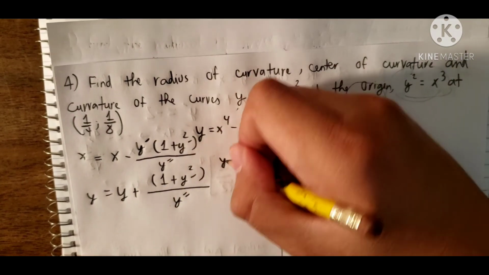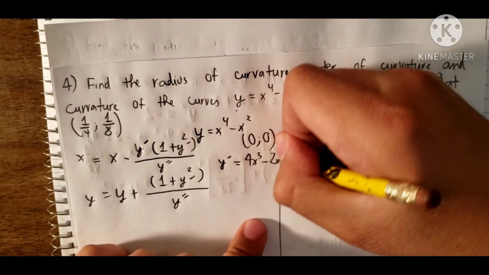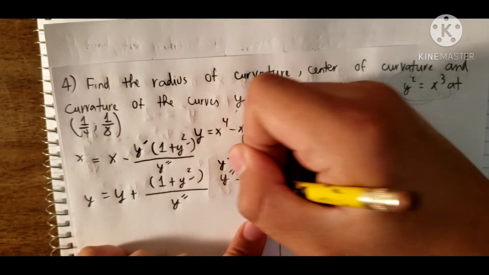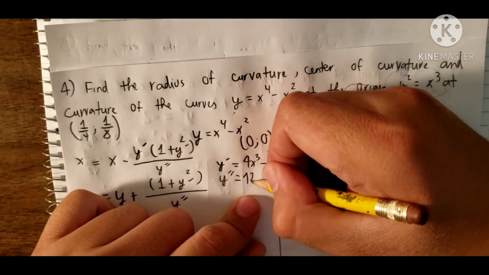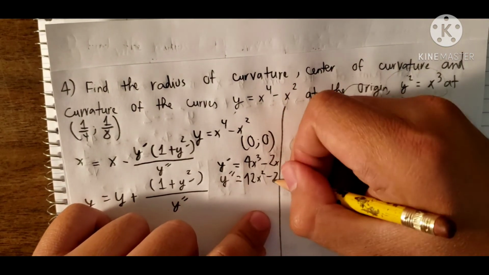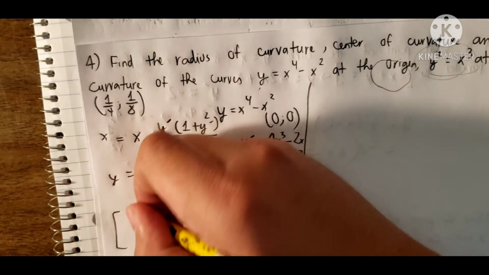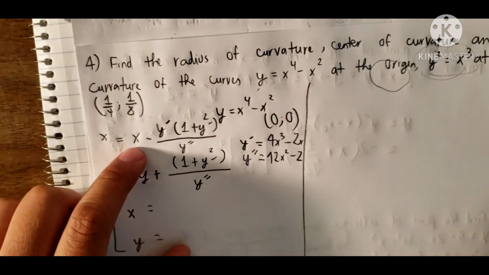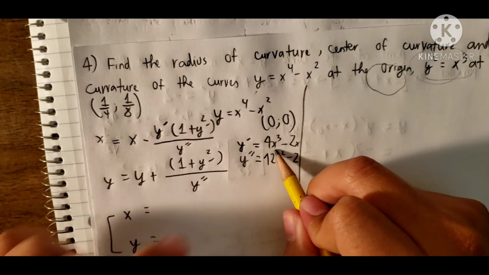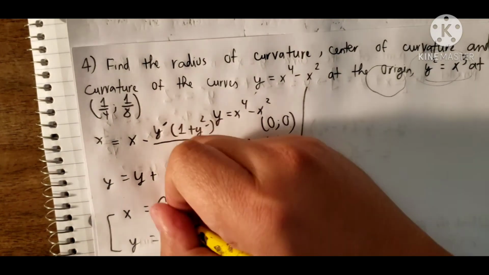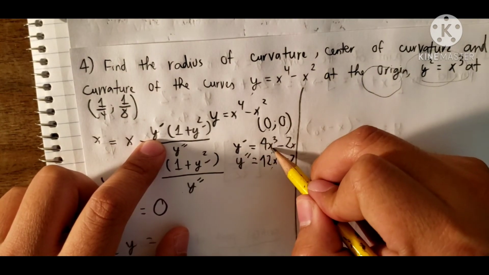The first derivative is 4s^3 minus 2s. The second derivative is 12s^2 minus 2. So we have 0 and 0, so s is 0, and the first derivative becomes 0. So you get 0 in here because this one is 0 on the first derivative, because we put 0.